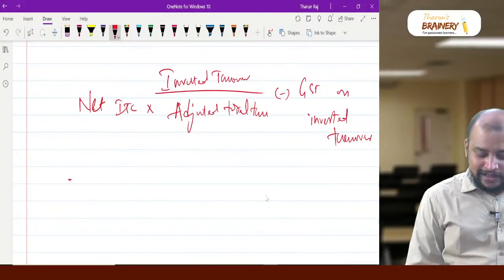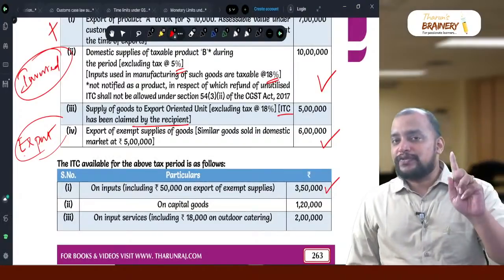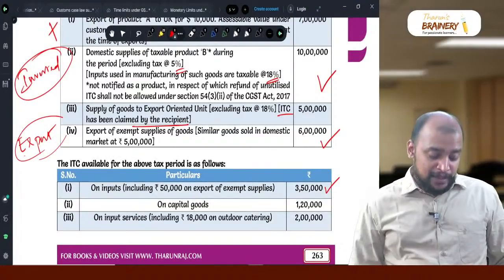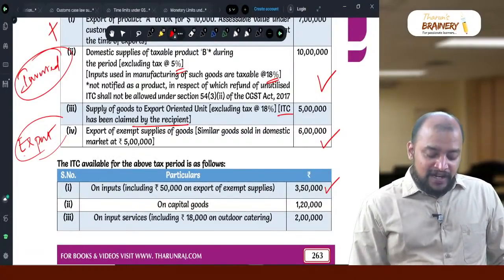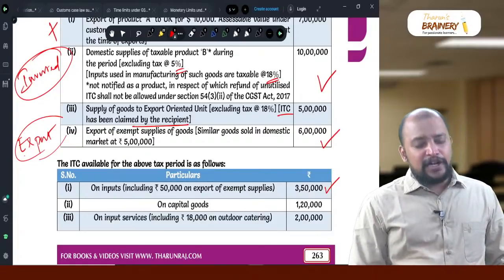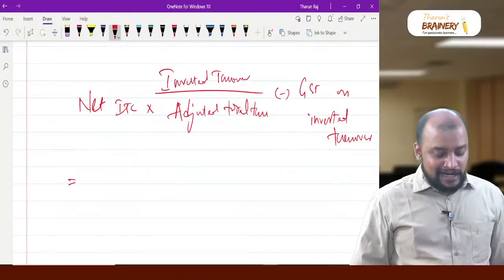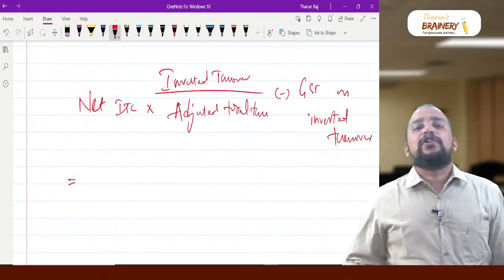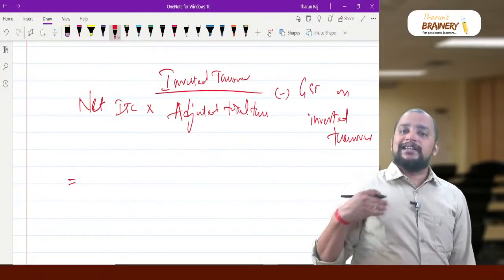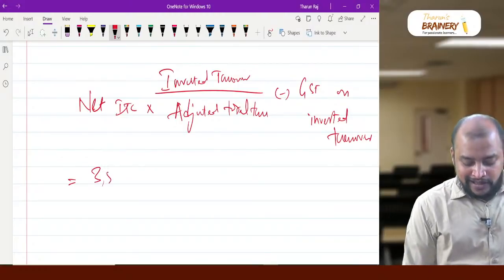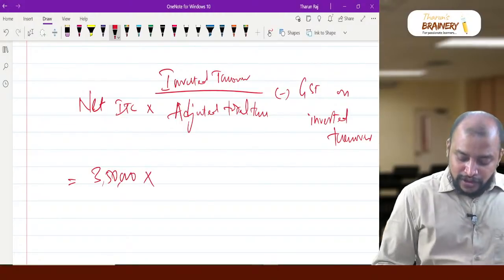First net ITC: only inputs we need to take. We should not take input services and capital goods. Inputs are 3,50,000, including 50,000 on export of exempt supplies. Yes, we can take that, because export of exempt supplies is zero rated, and on zero rated we can take ITC, there is no restriction. So the entire 3,50,000 we will take.